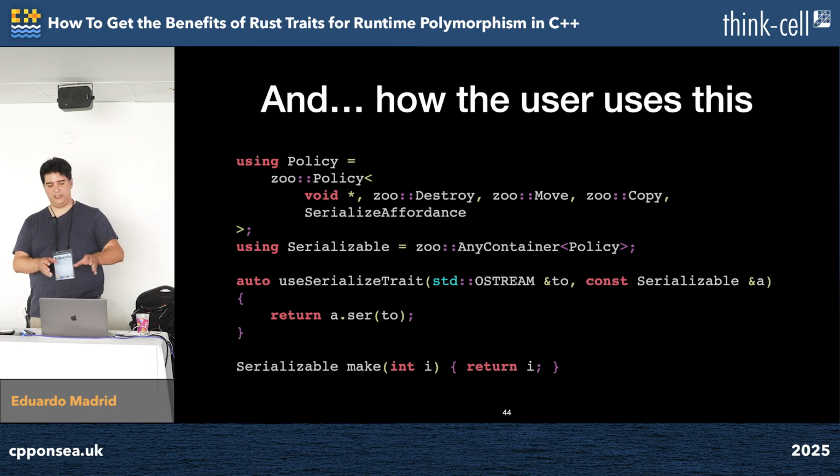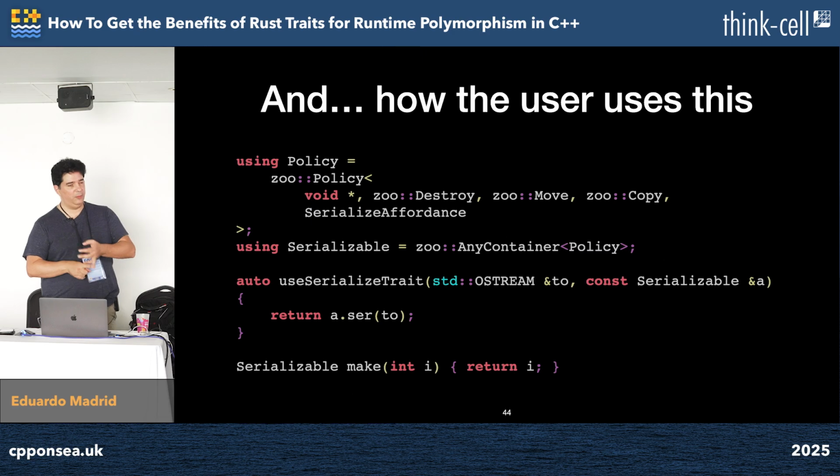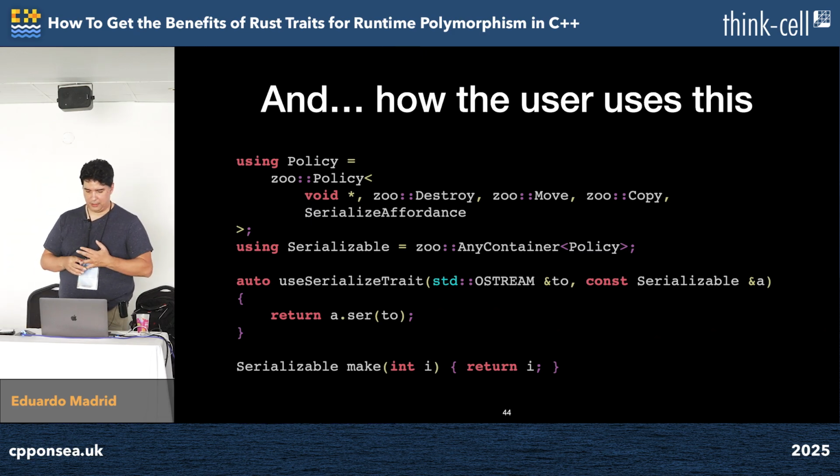But in this case, it's just the stock, the normal destruction, the normal moving, the normal copying. Therefore, the objects that this thing manages need to be copyable and will be copied in the cases where that ought to happen. But this is a choice. You are able to not use copying, and then it will be move only.